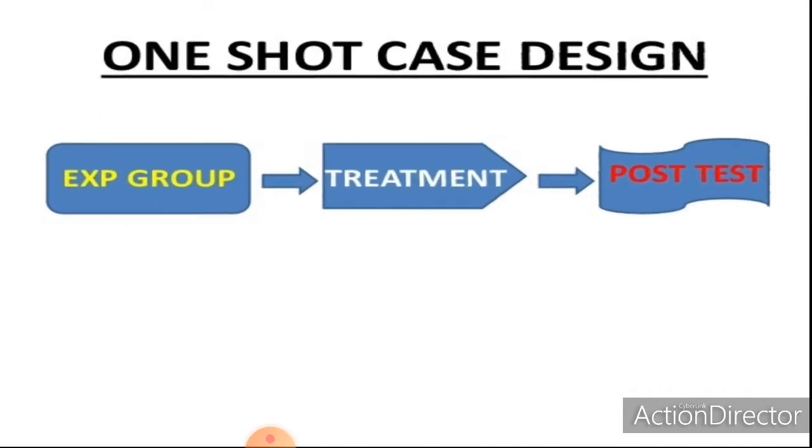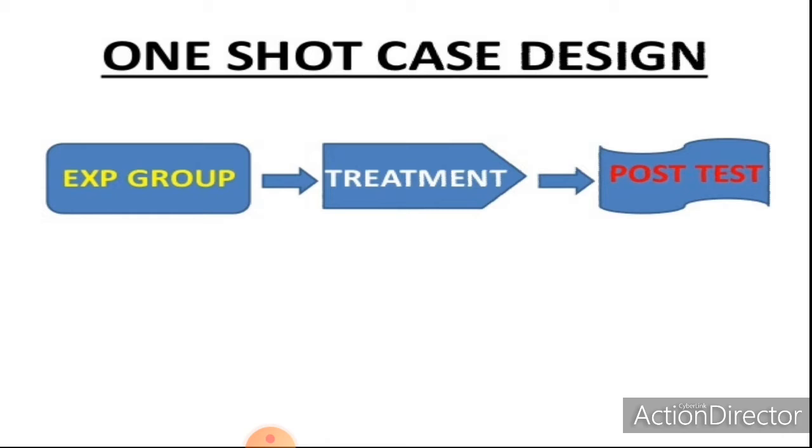Now look at this. This is the representation of one-shot case study design. Here one experimental group is there, they get treatment, and after that treatment a post-test is conducted to measure the effect of treatment in the experimental group. So that is why this design is known as one-shot case study design.